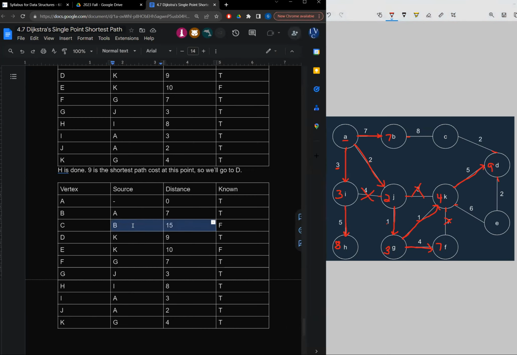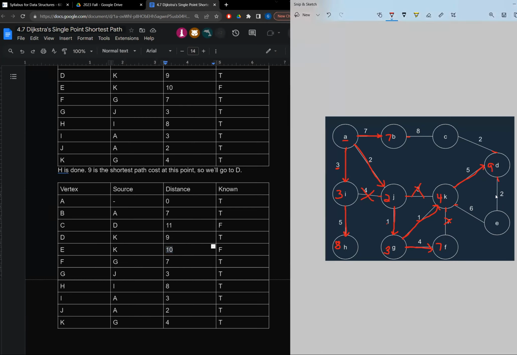Right? 11 is better than 15. And instead of getting to C via B, we'll get there via D. And then we have the same thing over here. It costs us 2 to get to E. That is an 11 as well. 11 is not better than 10. So this edge will be discarded. All right, and we discarded that edge this round as well.